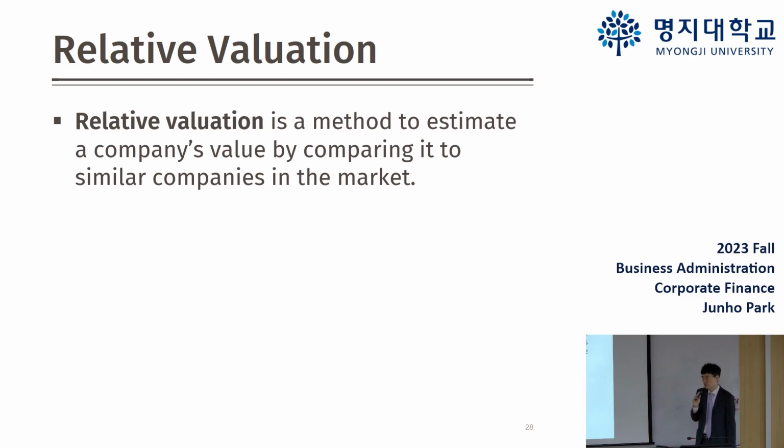In the DCF valuation, we focus on the company itself, but we do not care about the others in the market. On the other hand, in the relative valuation, we compare the target's value, the main focus of our analysis, to comparable other companies in the market.